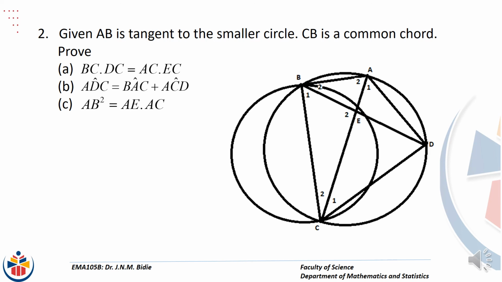That means BAC, which is A2, plus C1, are equal to that angle D. And also AB squared, that means now you're choosing different triangles. These triangles have got AB in common, and then prove similarity. Please work it out and attempt and see how far you go.